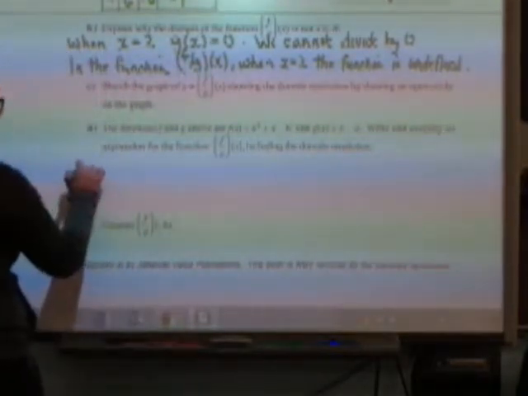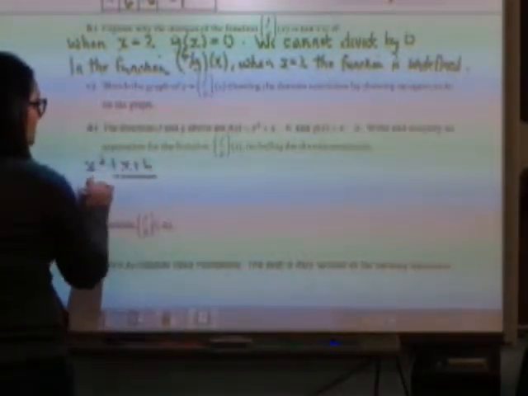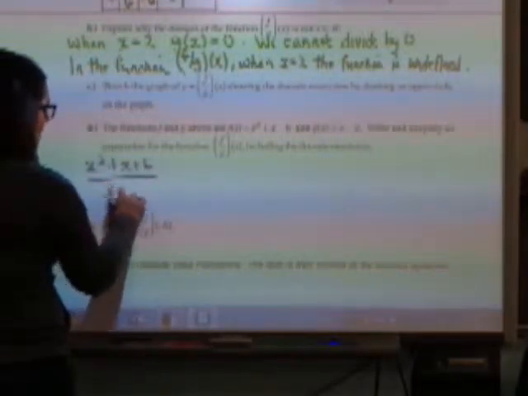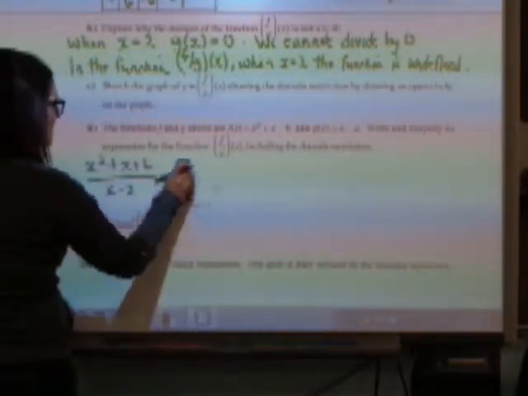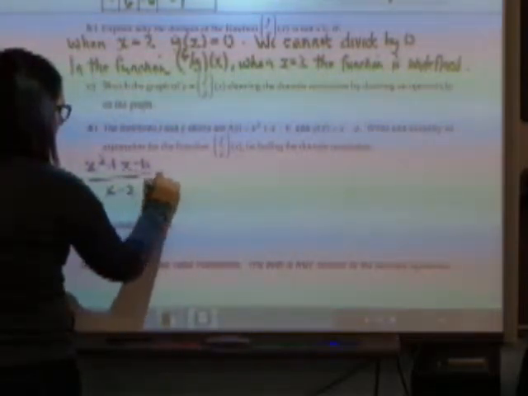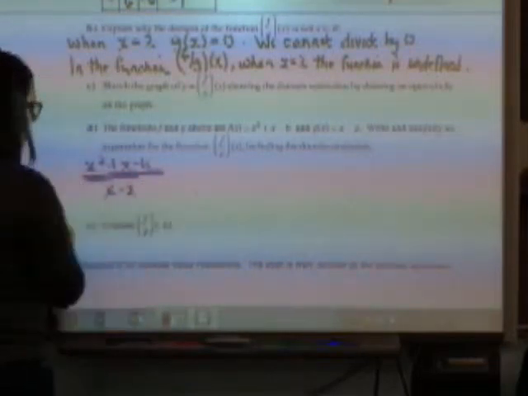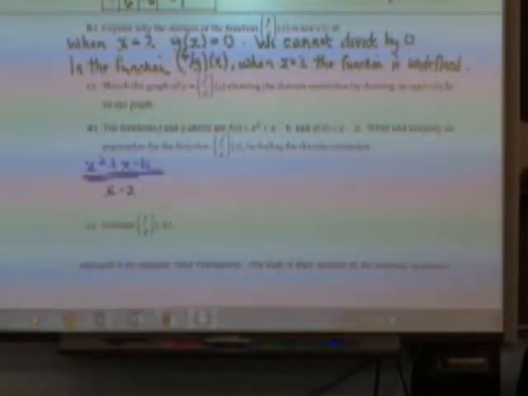So I have x squared plus x minus 6, divided by x minus 2. So how do I divide the two functions? This was rational functions from last year.